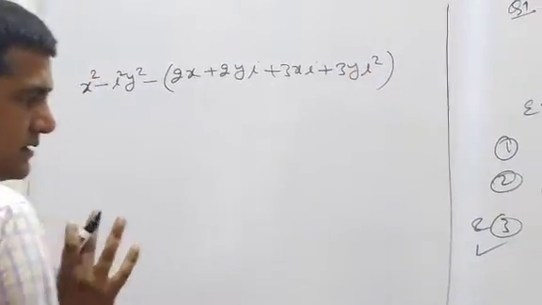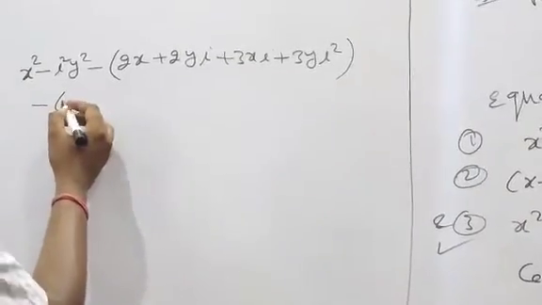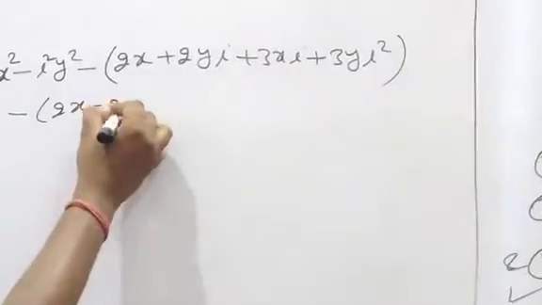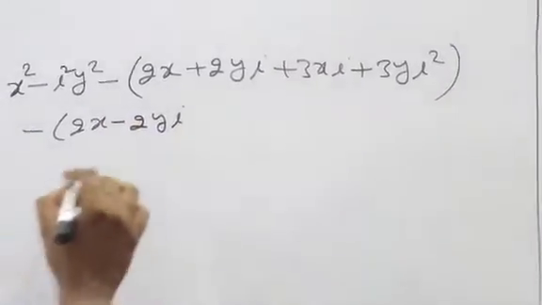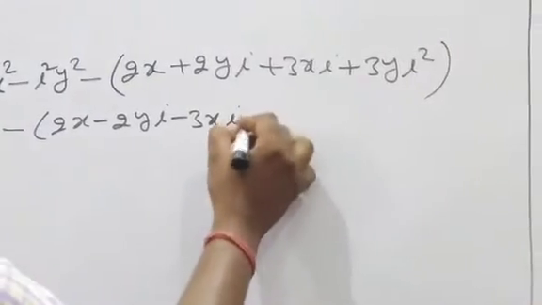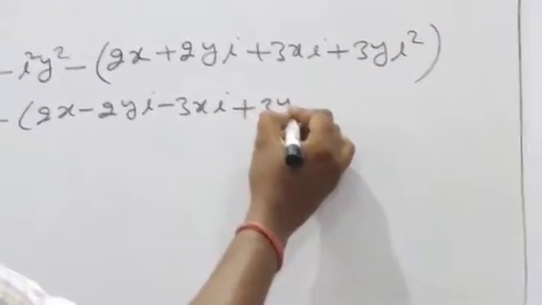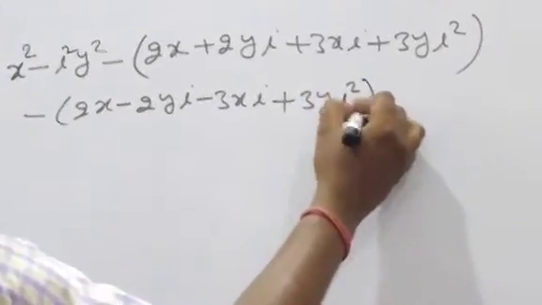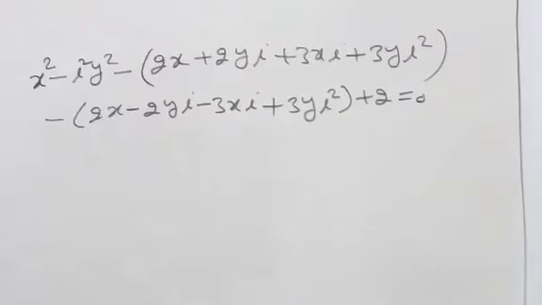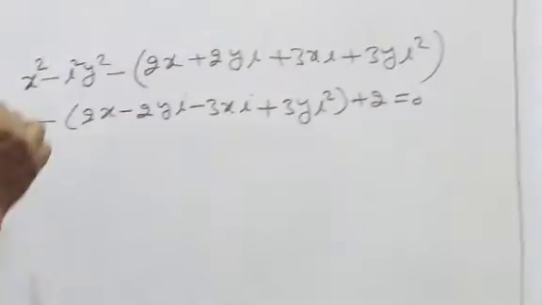It is clear? Now minus 2 into x, 2x, minus 2yi, minus 3xi, minus into minus plus sign here, 3 into y, 3y, i into i square, and plus 2 is equal to 0. Only simply I have multiplied one bracket with the other bracket.